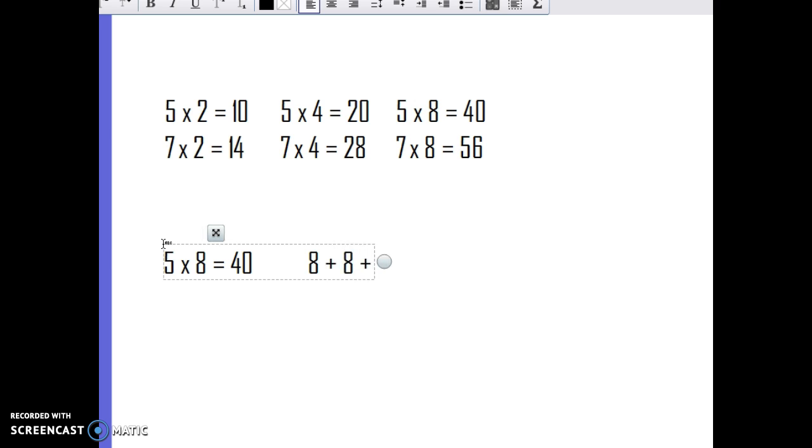I have to do that 5 times. One, two, three, 4. Goodness gracious. 5. So that is the same. If I do that 5 times, that equals 8 plus 8 is 16, plus 8 is 24, plus 8 is 32, plus 8 is 40. So 8 5 times equals 40.